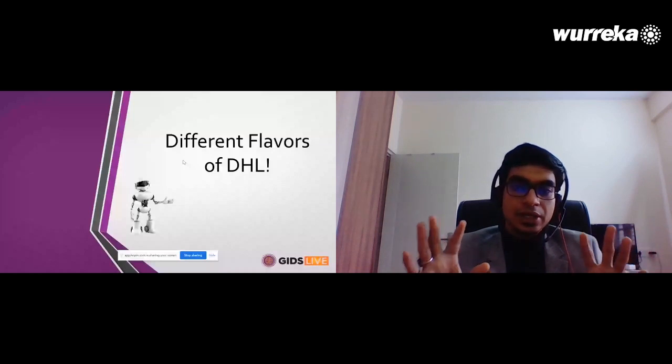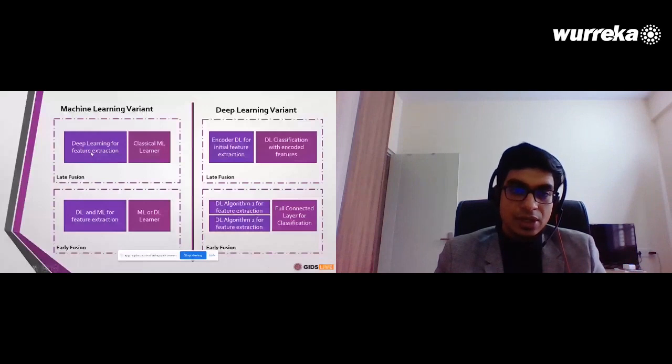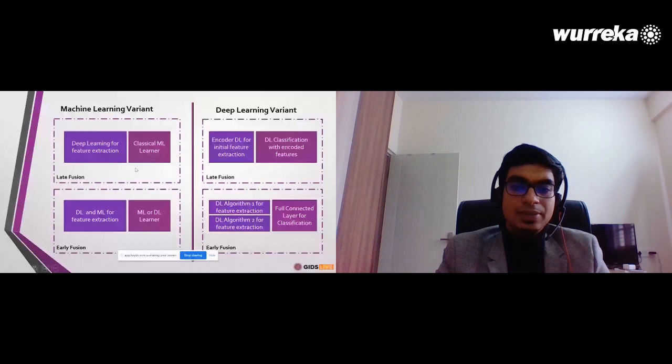For example, we can have a machine learning variant where in most cases the feature extraction is done by a deep learning algorithm, and once the features are there, we can do the classification part by a classical machine learning learner. This is the late fusion technique that we talked about, and I felt this is the most beneficial variant. But there are other variants that also work quite well in some cases.